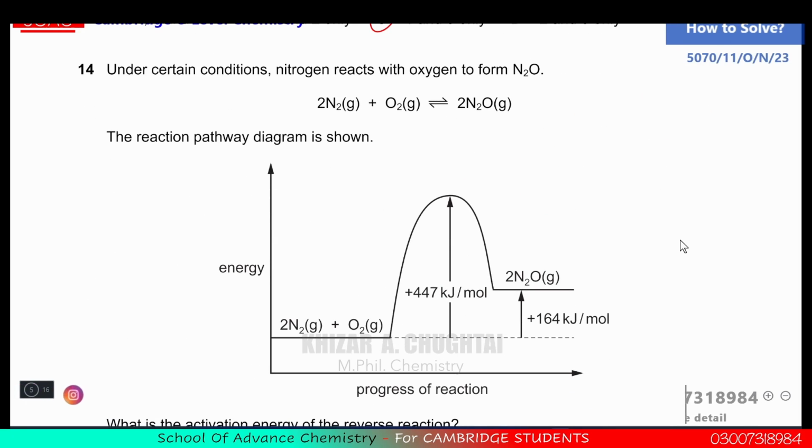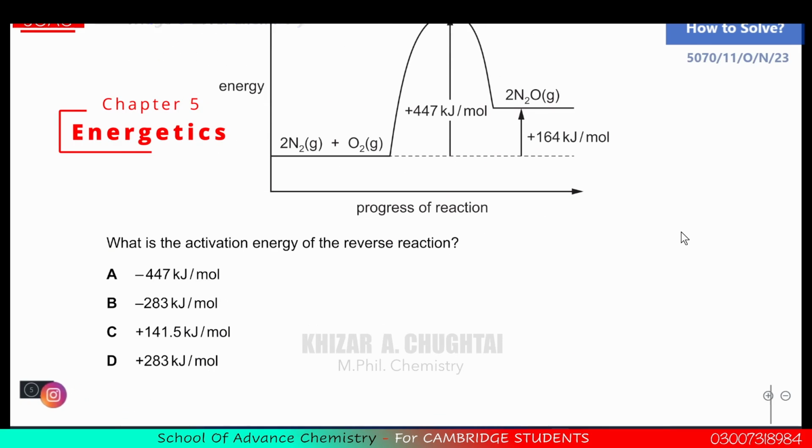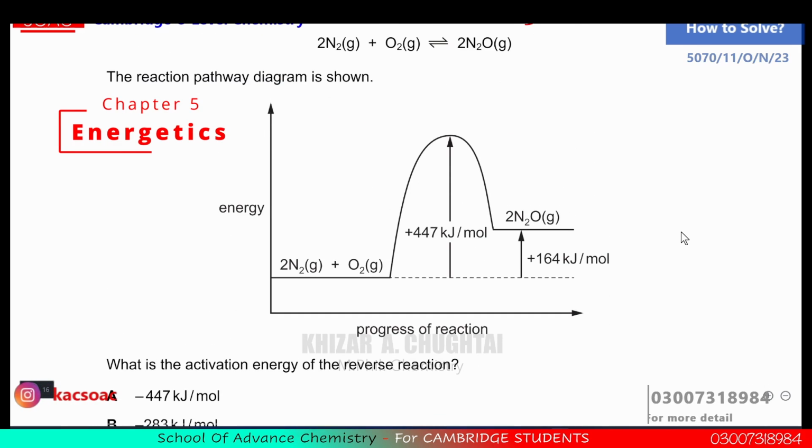Question number 14. Under certain conditions, nitrogen reacts with oxygen to form N2O. The reaction pathway diagram is shown, and you can see the question asks for the activation energy of the reverse reaction. Here this is the delta H, and this is the energy of activation. So how to find the activation energy for the reverse reaction?